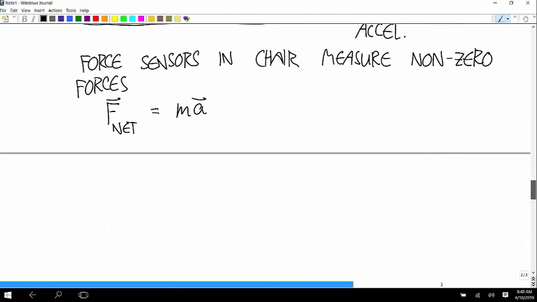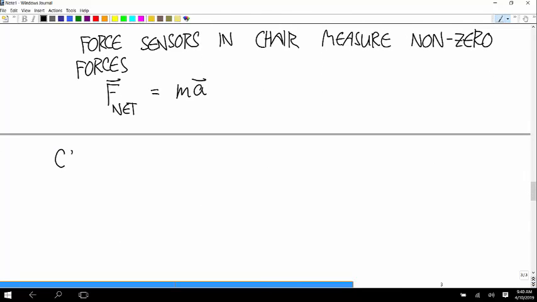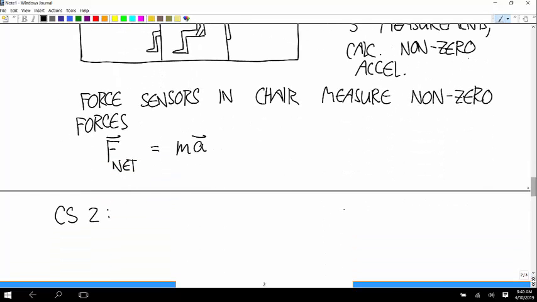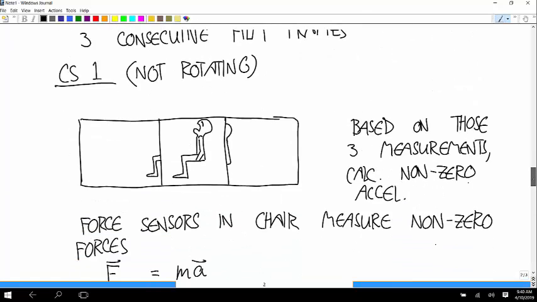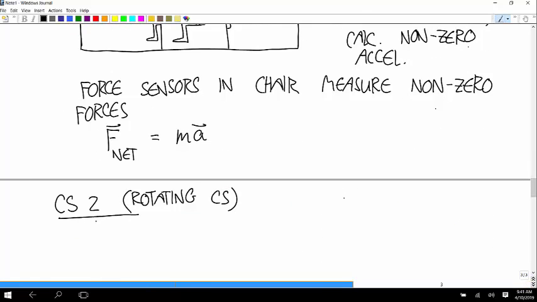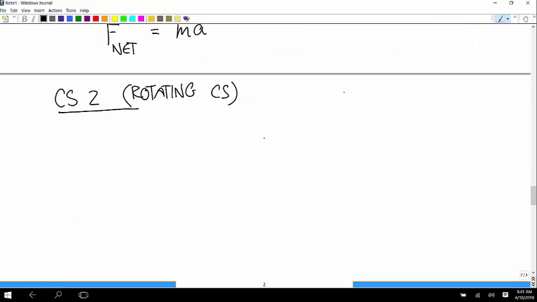In coordinate system 2, this is the rotating coordinate system. We'll do the same thing.